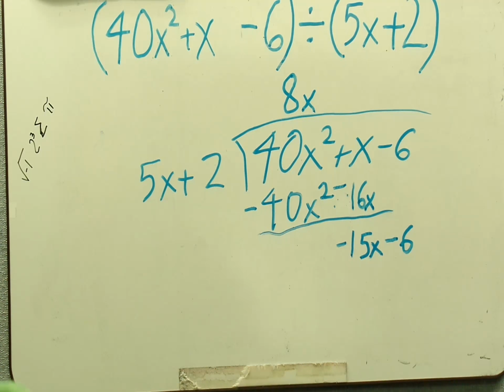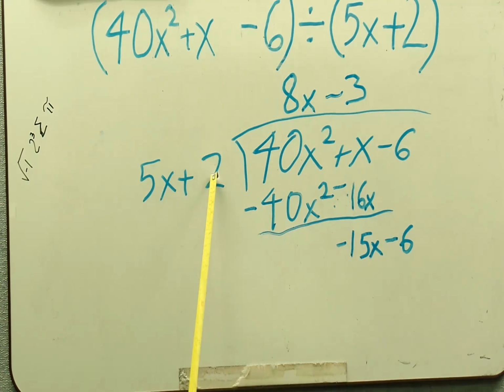As in, figure out what negative 15x divided by the 5x is, and that would be a negative 3. Negative 3 multiplied by 5x is negative 15x.